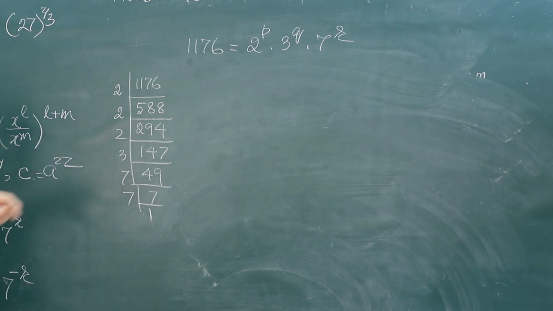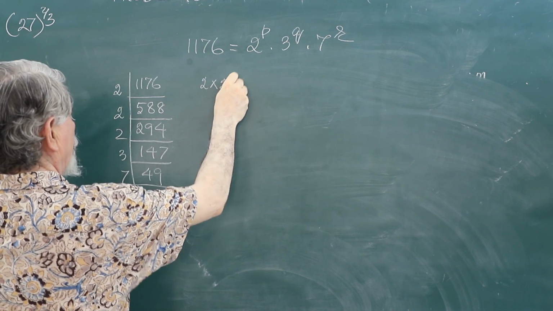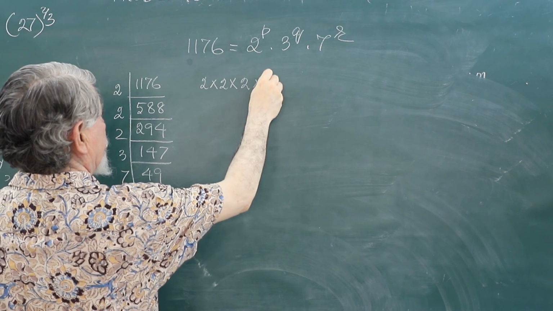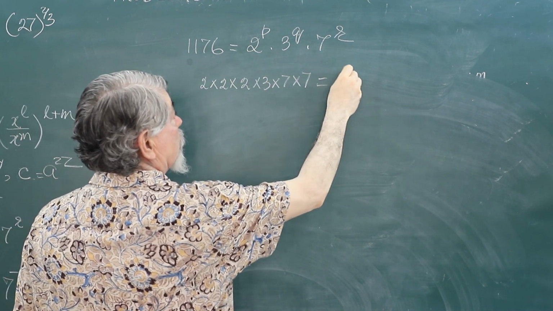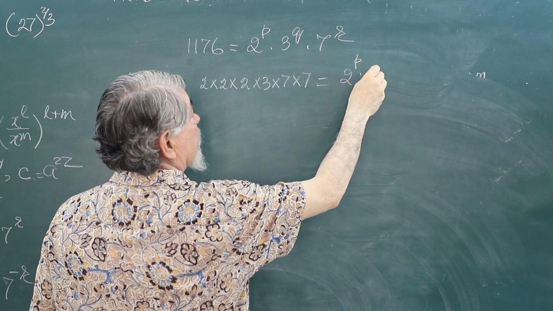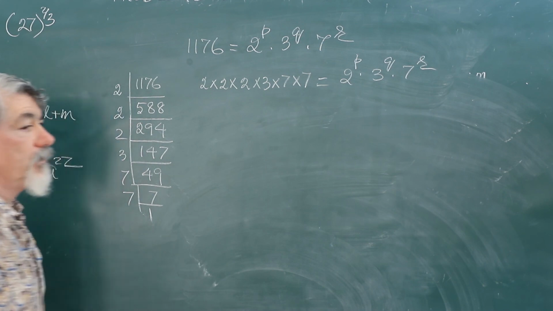So you have got factors of this as 2 into 2 into 2 into 3 into 7 into 7, equal to 2 to the power p, 3 to the power q, 7 to the power r.